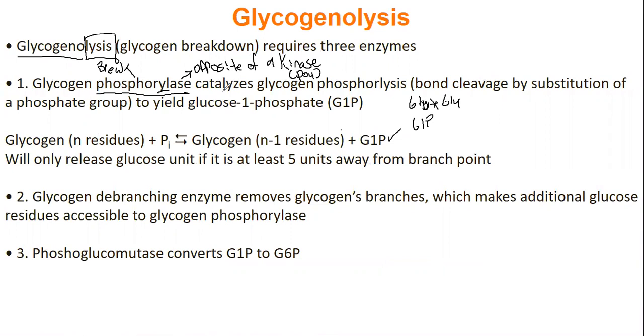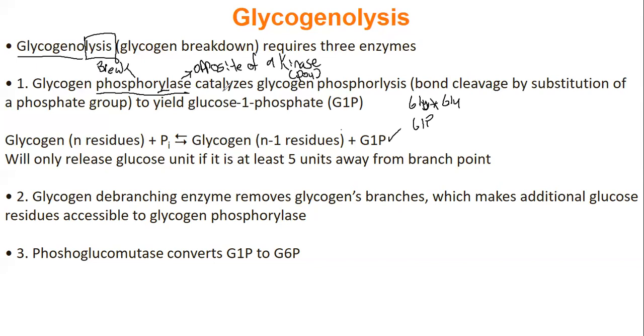So when we want to get the glucoses near the branch points, we need a separate enzyme, and that's called glycogen debranching enzyme. Probably one of my favoritely named enzymes because no confusing words there. It removes branches from glycogen.